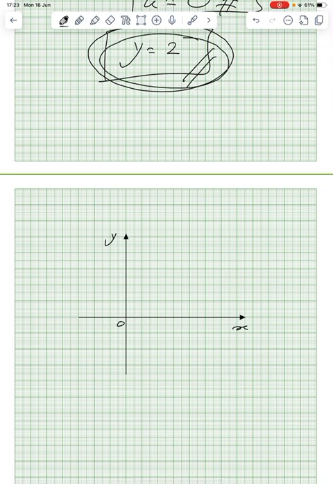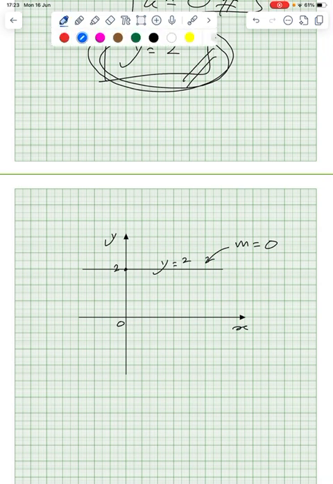When y = 2, how are we going to draw? It will be an absolutely straight line, because this point is 2. So your graph y = 2 is parallel to the x-axis. That means this is where your gradient m is equal to 0.